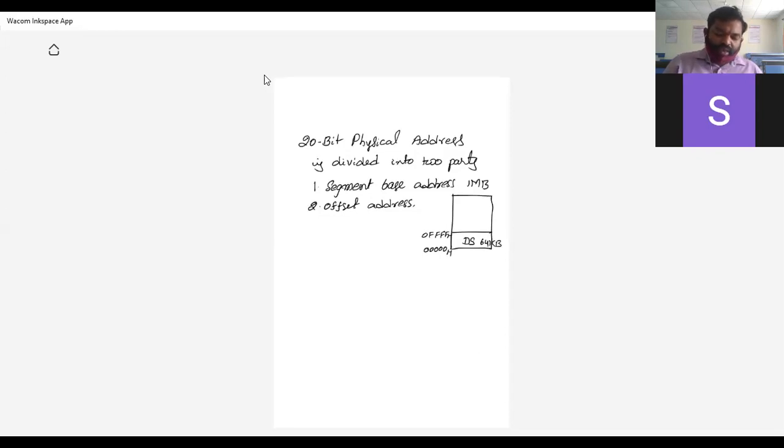So now I want to find the 20-bit physical address of one particular location, that is 0FFF8H. So here, segment base address, in this example, is 4 zeros.